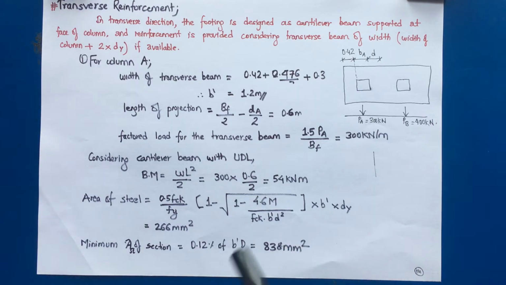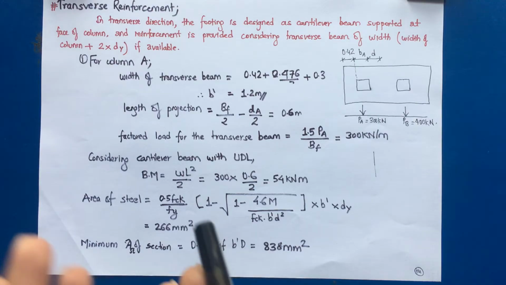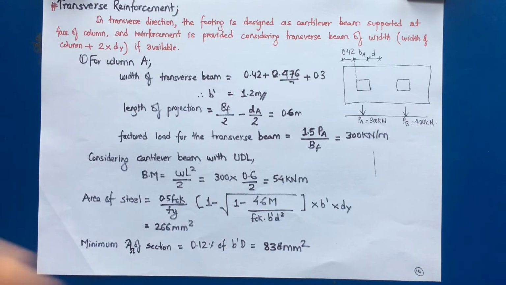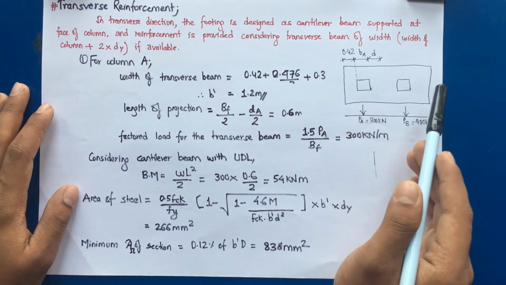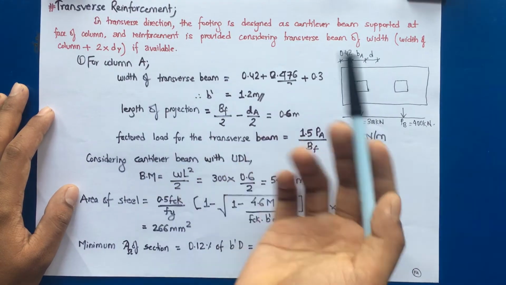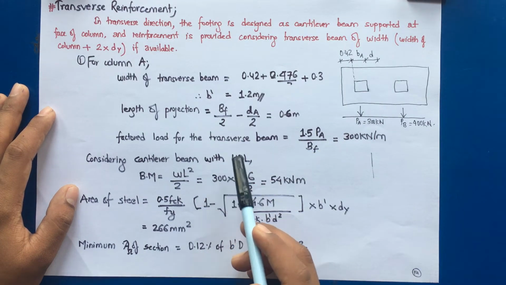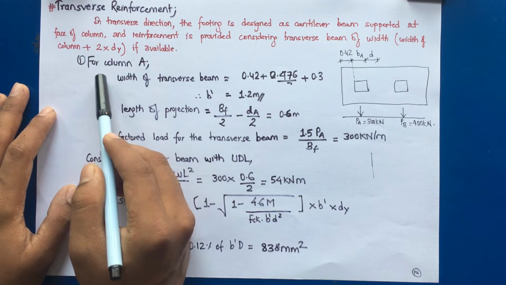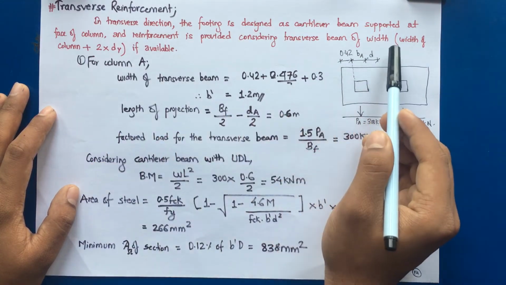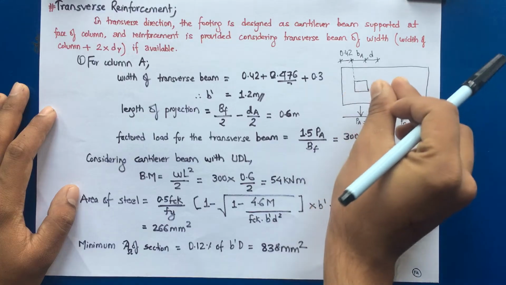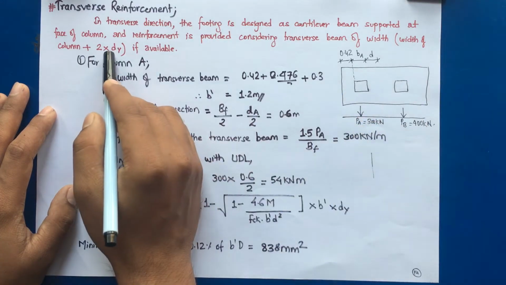So we will do as per the isolated footing, where we considered a footing or a beam of width equal to the projection on either side of the footing. We have to design for both columns, column A and column B, and the reinforcement is provided as per the moment computed at the sections. So for column A, the width of the transverse beam, as I have said, is taken as the width of the column plus 2 times the depth if available.